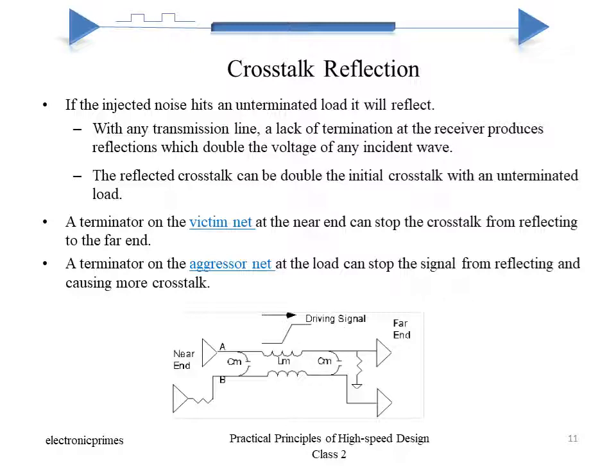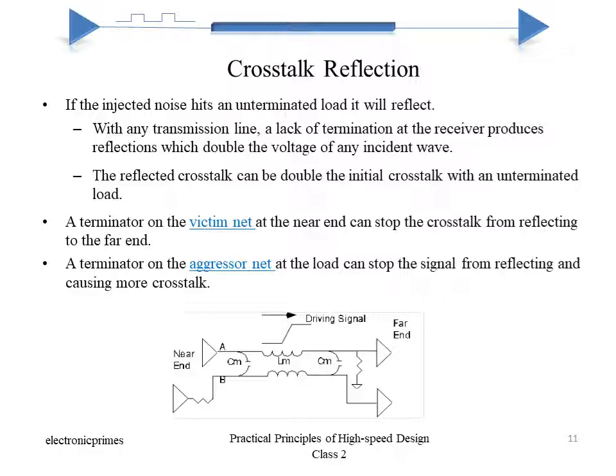A terminator on the victim net at the near end can stop the crosstalk from reflecting to the far end, and a terminator on the aggressor net at the load can stop the signal from reflecting, causing more crosstalk.